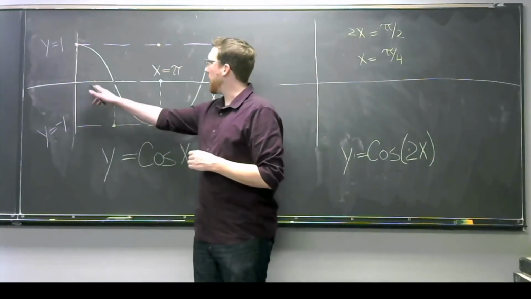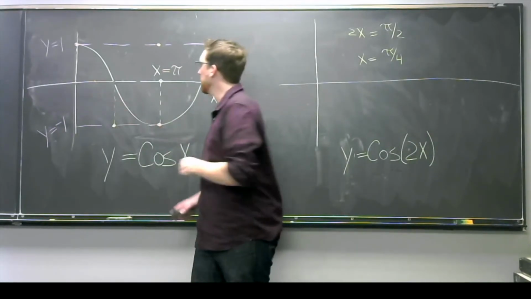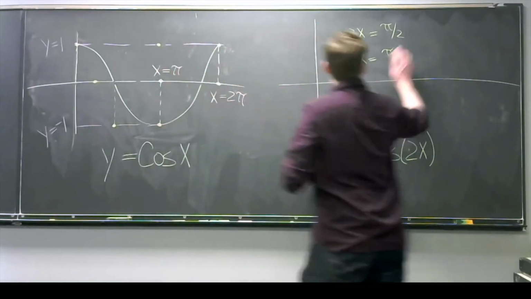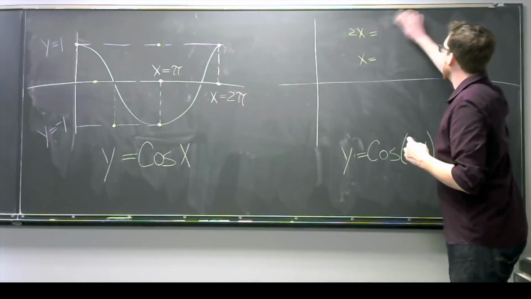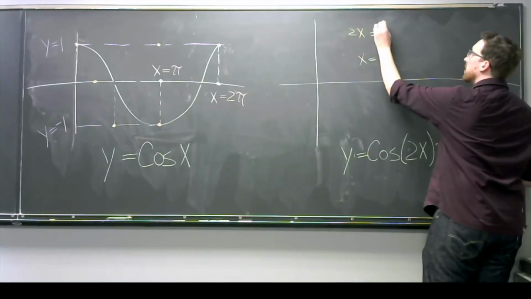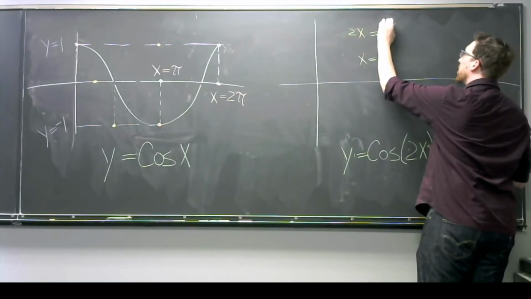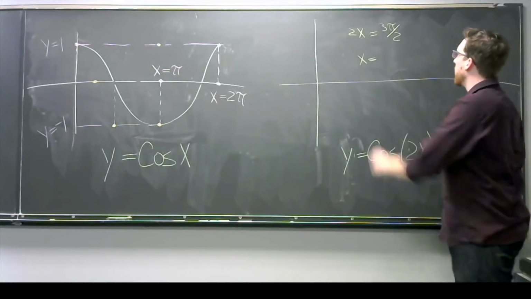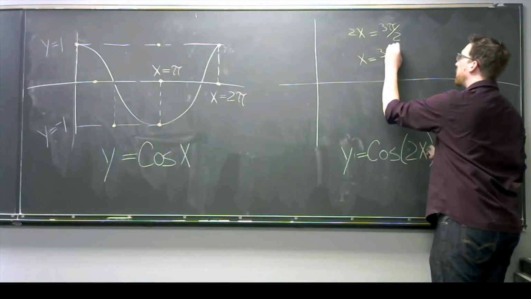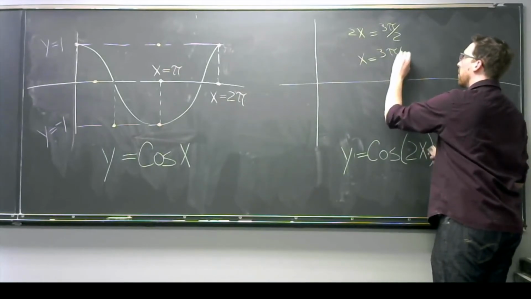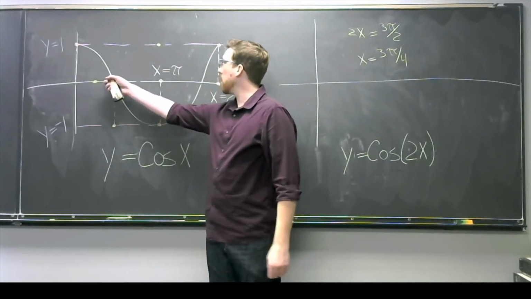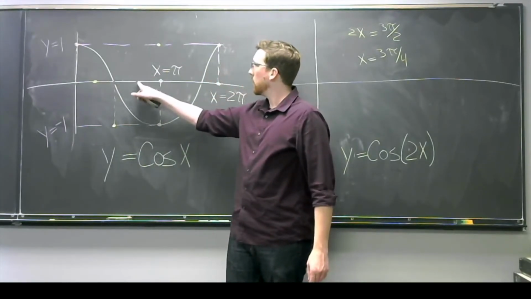It's about here, approximately. And when 2x is equal to 3 pi over 2, x is equal to 3 pi over 4. So we know it's going to be between pi over 2 and pi, approximately there.